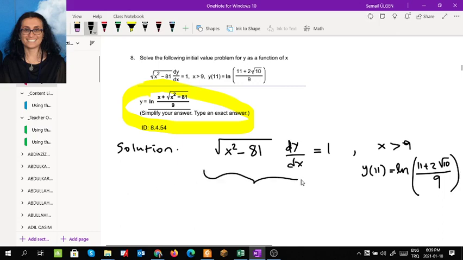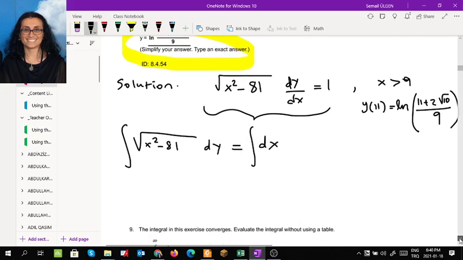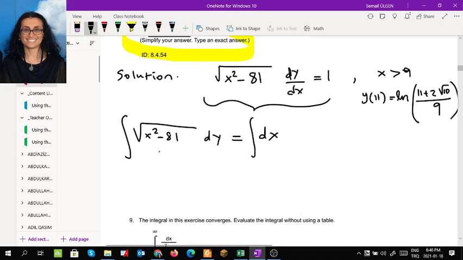you're going to write it like this: x squared minus 81 dy, and then you multiply both sides with dx, you get that, and integrate, okay, indefinite integral. And whenever we have the square root of x squared minus a squared, we have the substitution x is equal to a secant theta.